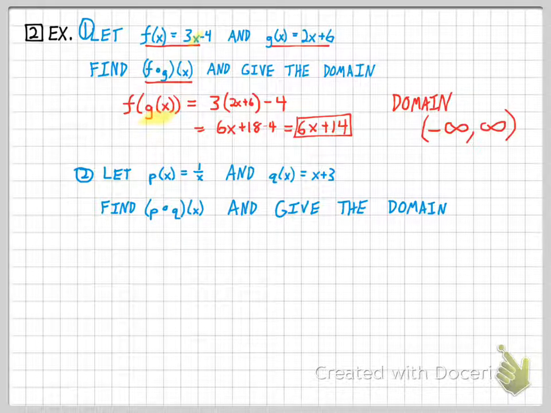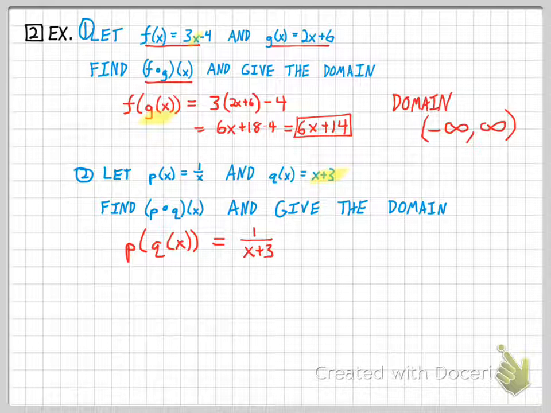Okay, second example, p of q of x. Again, you want to think about this as p of q of x, and that is the q function plugged into the p rule. So the p rule says take 1 over your input. Your input is a function, x plus 3, and that is my composition.